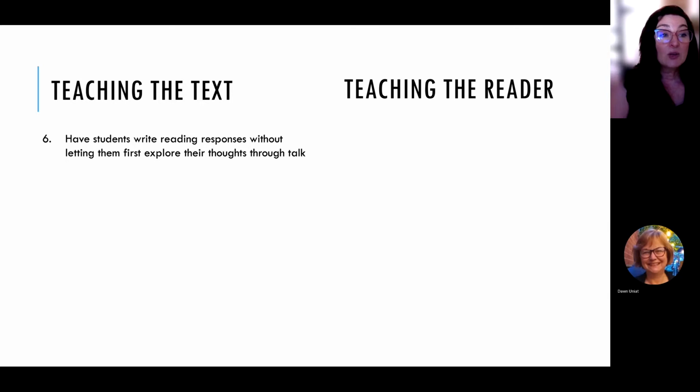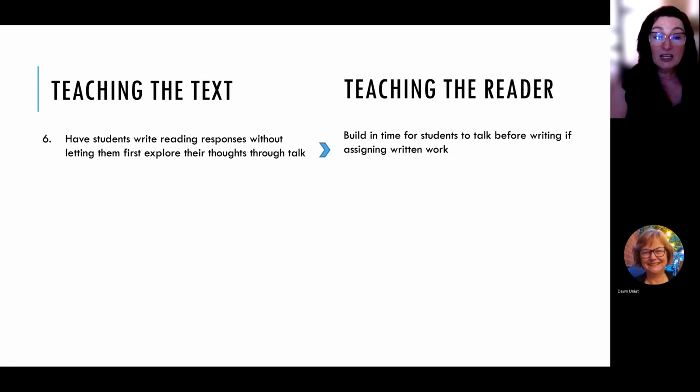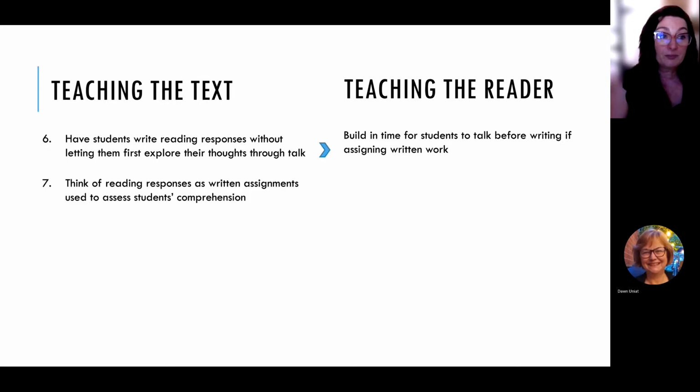When we teach the text, we have students write reading responses without letting them first explore their thoughts through talk. But when we teach the reader, we build in time for students to talk before writing, even if we assign them any written work. When we teach the text, we think of reading responses as written assignments used to assess student comprehension.